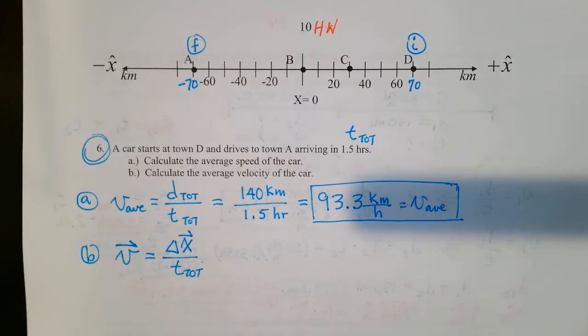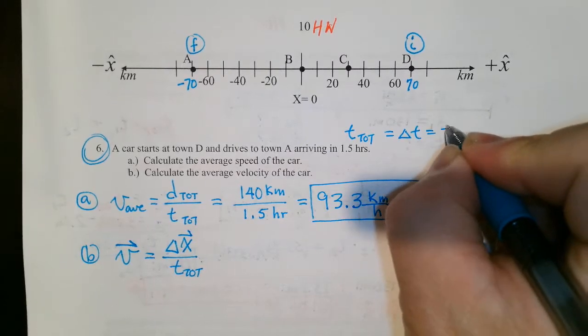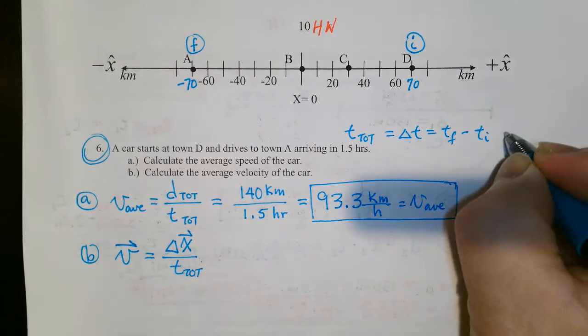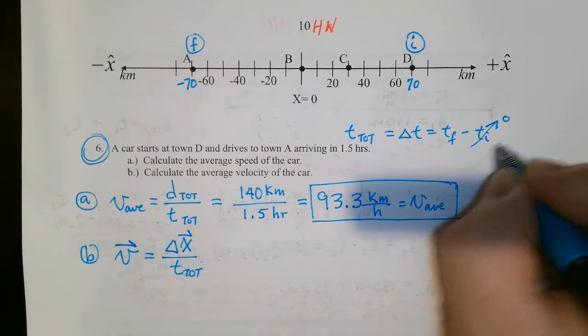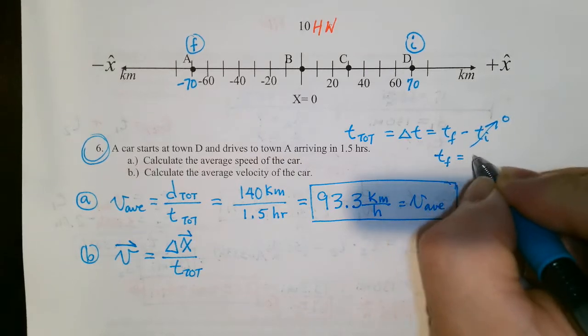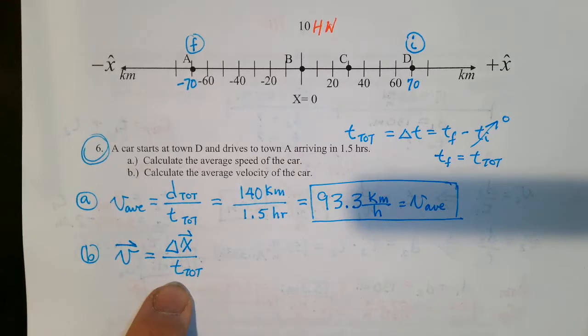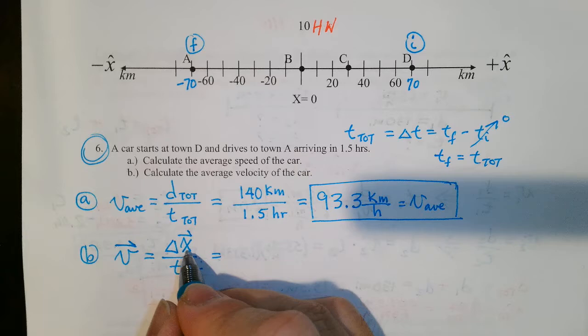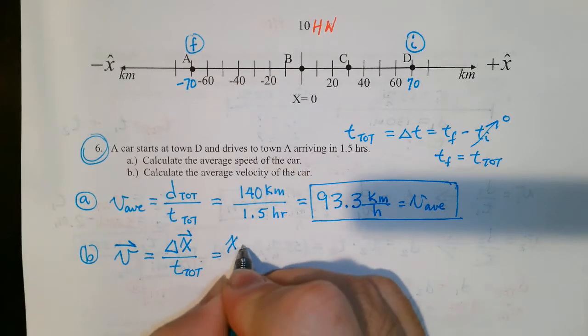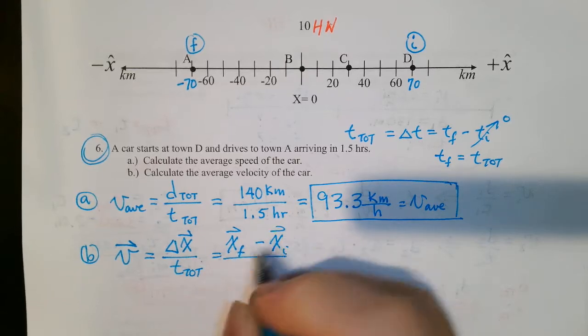Well, t total is basically delta t, which is t final minus t initial, where initial t is 0. So my t final is t total. So here, my change in position is x final minus x initial over t total.